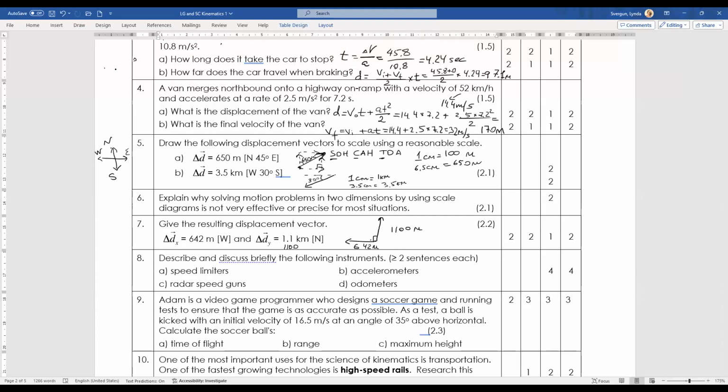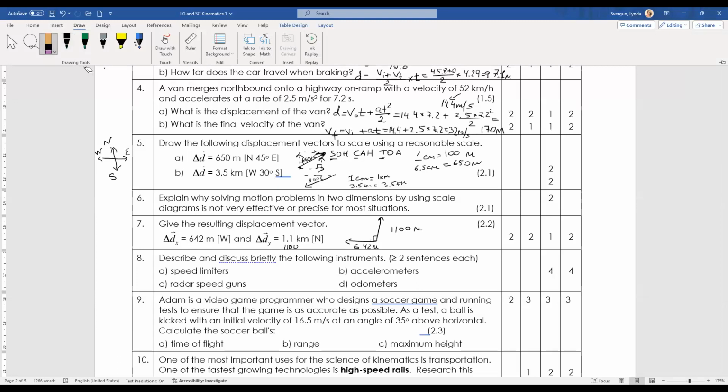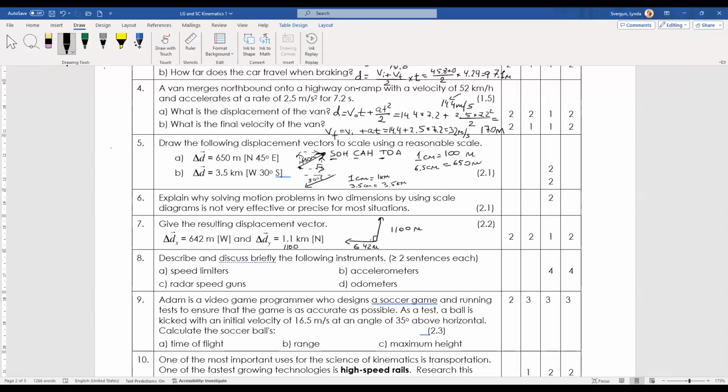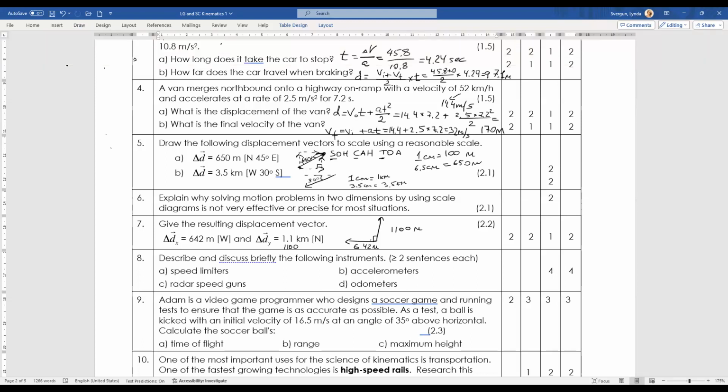Okay, when we add vectors, just a quick review. Did you hear about two methods of how to add vectors, the triangle method and the parallelogram method? No, okay. You know what? I have here a PowerPoint presentation. Maybe I will quickly show it. I attached the vectors PowerPoint to the chat.